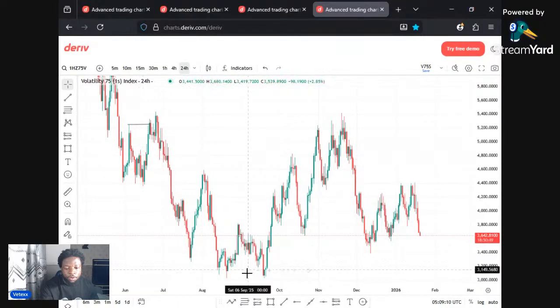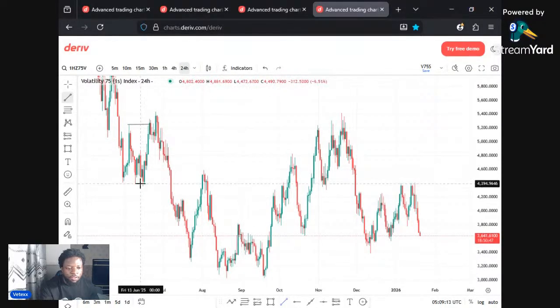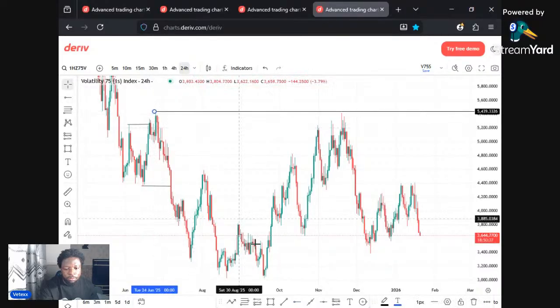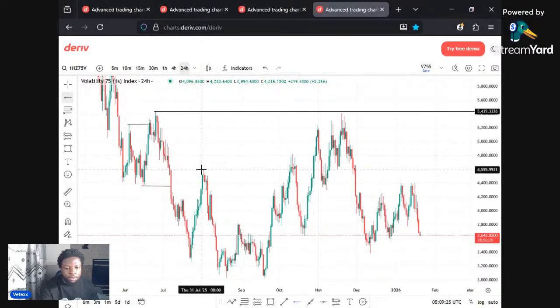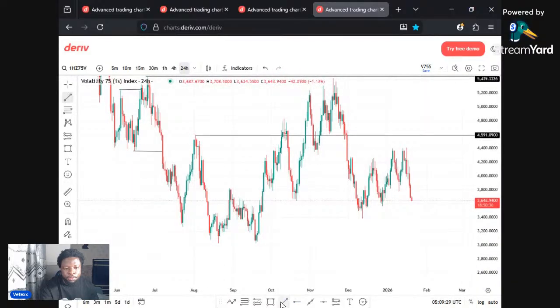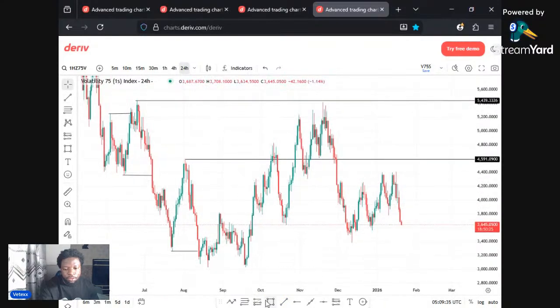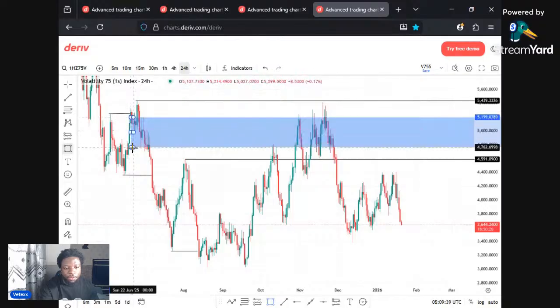So we have sweep of liquidity, and then we have our first break of structure, which is this. We have our protected high. We have our structural liquidity, which is this. Then we have our second break of structure, which is this. And then this right here becomes our POI.